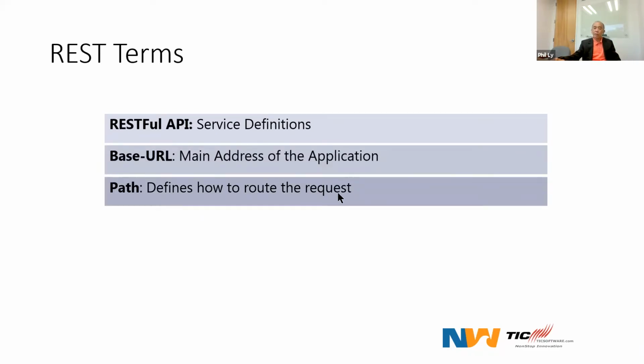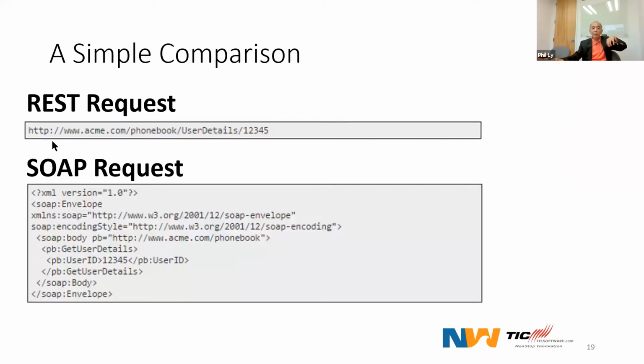This is important for me to talk about, because this is the secret of why REST is more efficient and faster: you can leverage how you define the path to route the request. Instead of putting that in the payload itself, saying request code 101, then inquiry, and then the particular object, I can say /phone book with just a GET method.